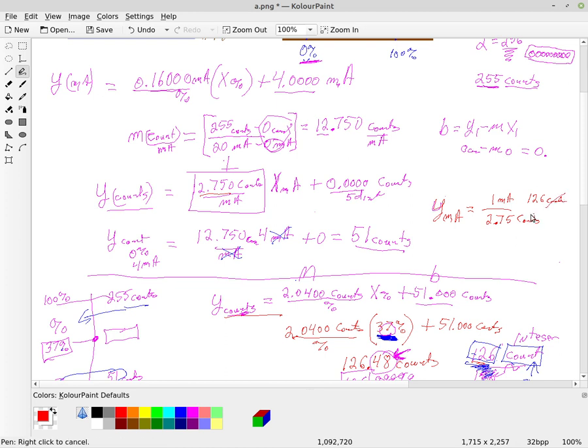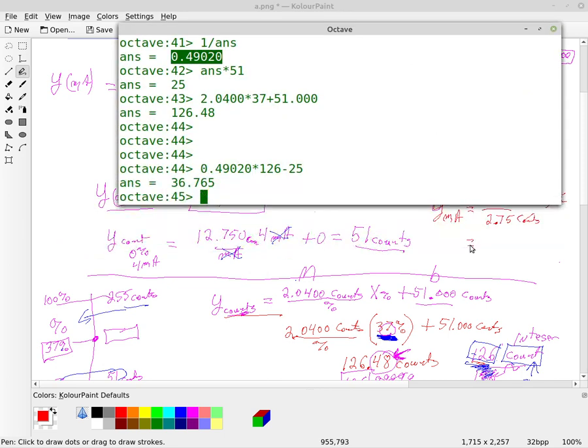Okay, so the counts will cancel, and there was no intercept here because it was just 0 and 0 in this case, so I don't have to worry about the B. So that would be 126 divided by 2.75.